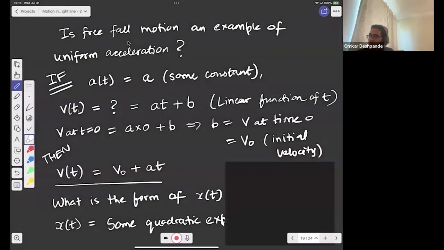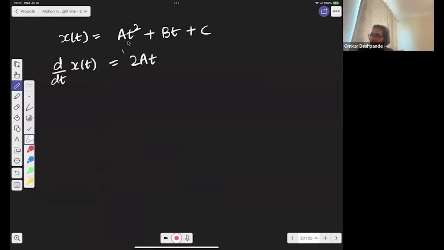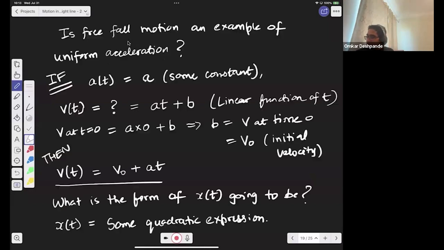All right, so suppose x(t) is At² plus Bt plus C. In that case, the derivative of x(t) is going to be something times t plus B plus 0, right? Now, what do I want it to match? I want it to match v0 plus at.